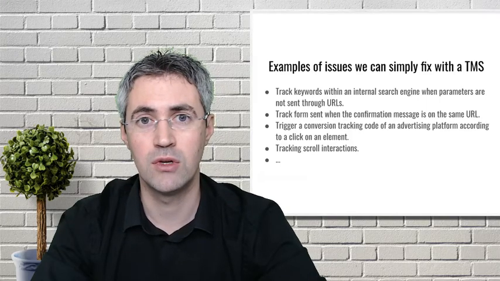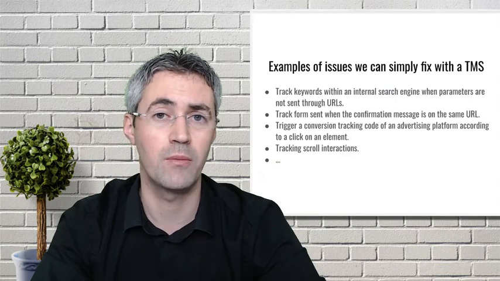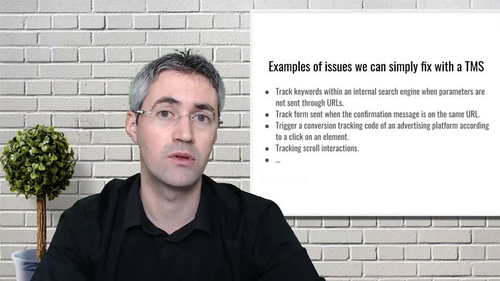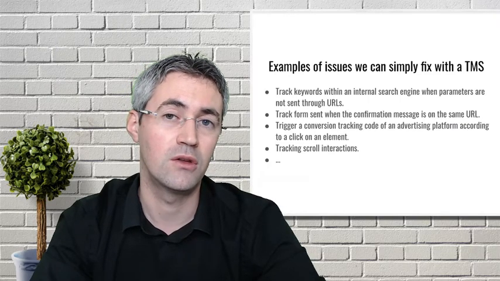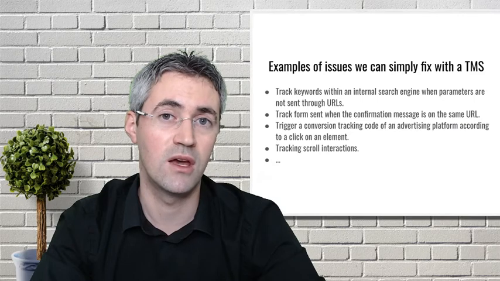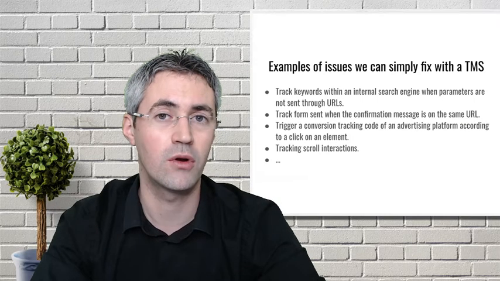That's an issue because most internal search engines used for analytics use the URL parameter to analyze what request was typed by the user. So if you want to get this data, you need to ask a developer to implement it.